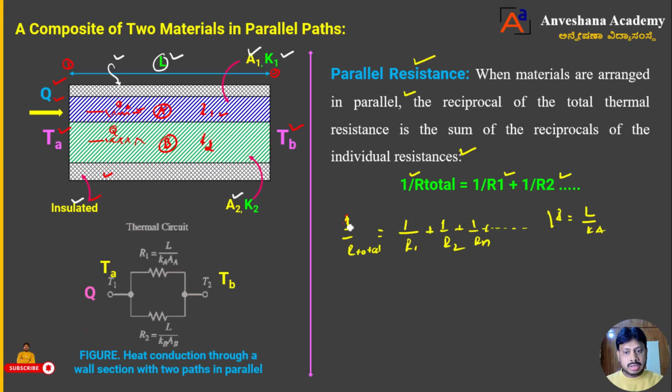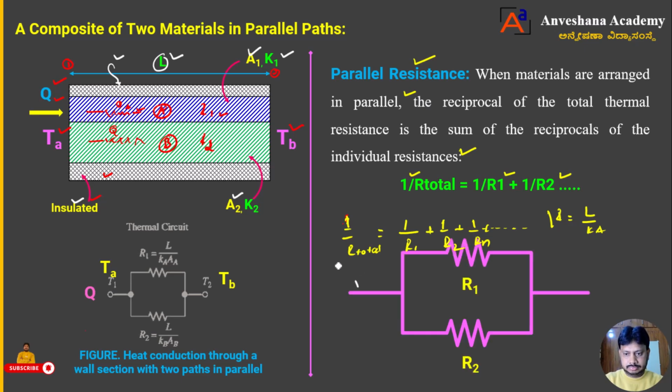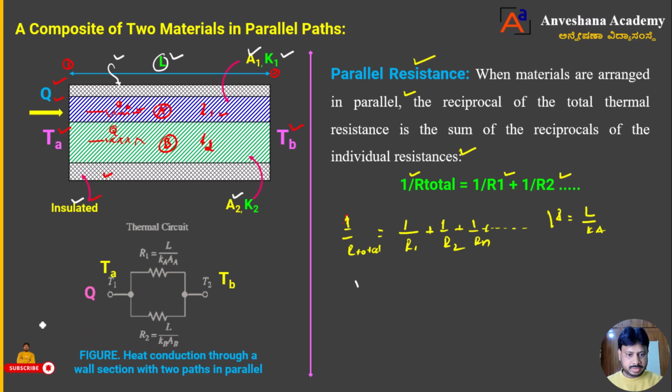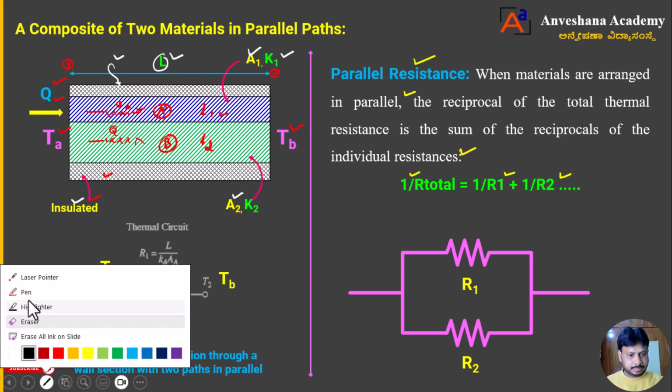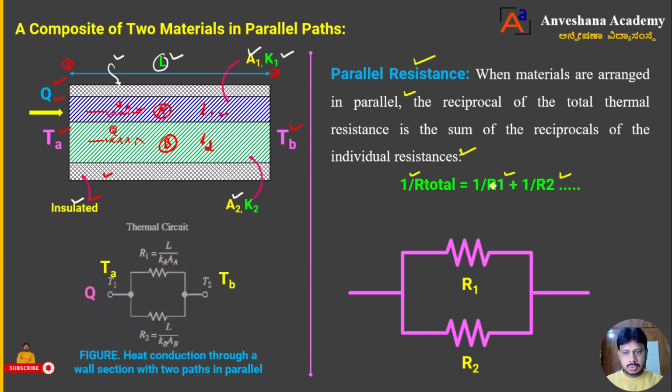That is 1 divided by R total is equal to 1 by R1 plus 1 by R2, because I have taken only 2 materials here.